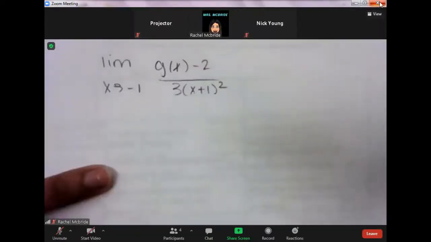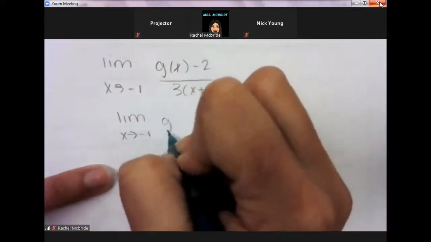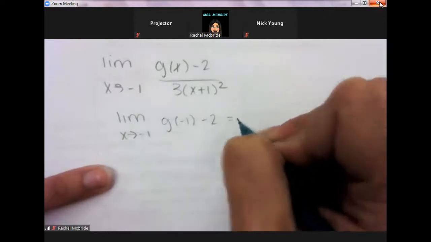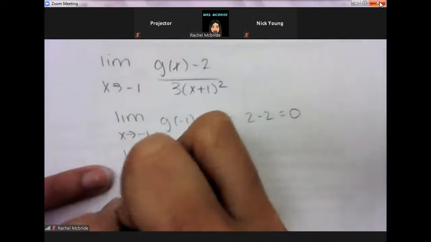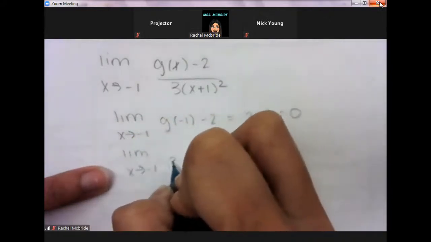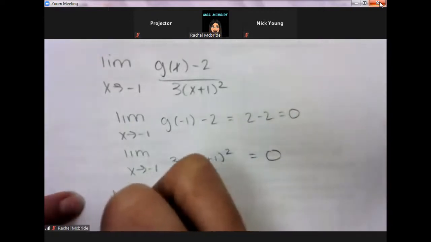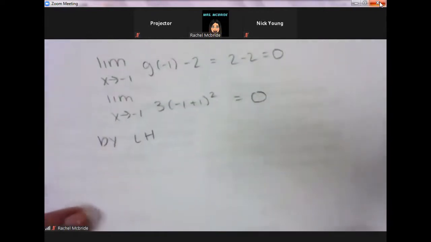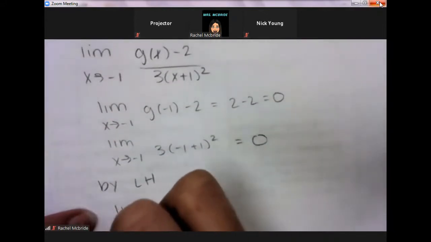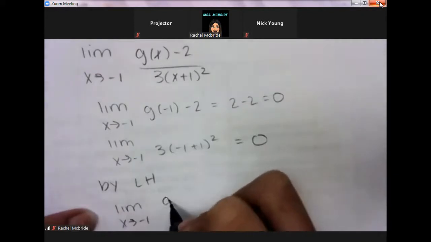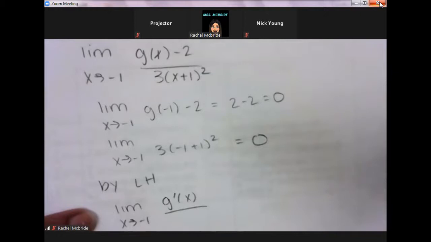You have to show the top equals 0, you have to show the bottom equals 0, and then you say by L'Hopital's. So if this was an FRQ, you have to do it a little differently than we did in the past. Remember, it's derivative of the top, entirely separate from the bottom. It's not a quotient rule.